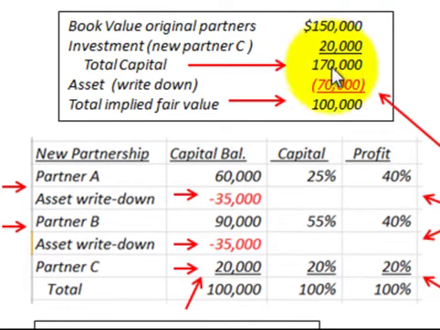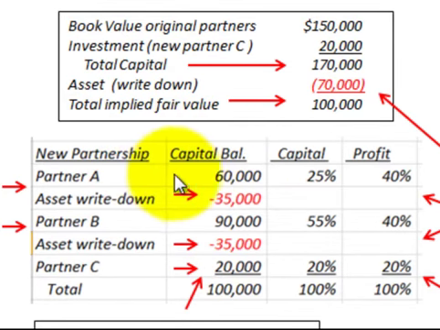So the total capital amount would have been $170,000 for this partnership with the admission of partner C. But for our recording, it has to be equal to the total implied fair value of the partnership, which we determined to be $100,000. So we have an asset write-down in this example of $70,000. So let's go down and look at our new partnership and our capital balances.